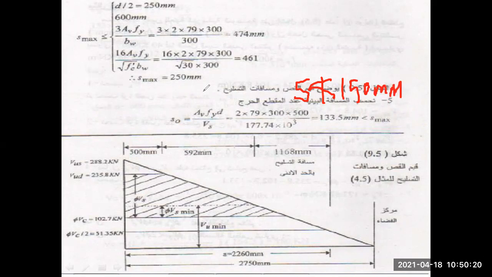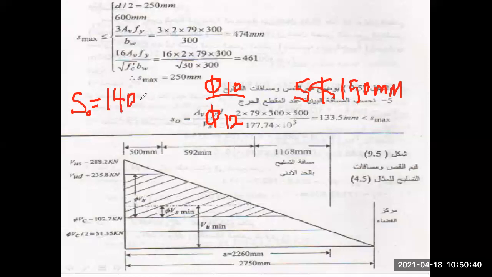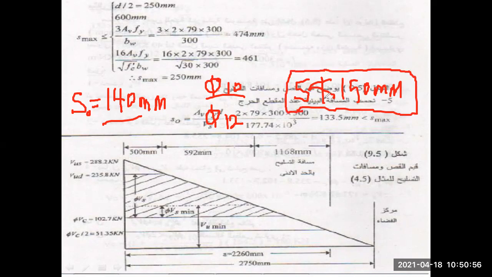And then I have given two choices, as I told you, phi 10 and phi 12. And you started with phi 10. And then you got a calculated spacing from phi 10, like 140 as an example, and that was the least one. But I have given this warning that spacing should not be less. So what you do, you jump to the second phi.